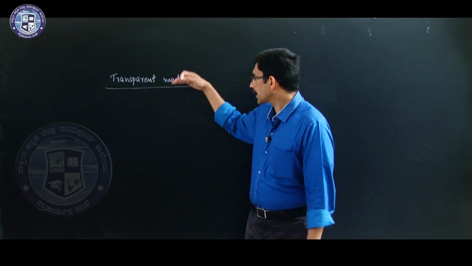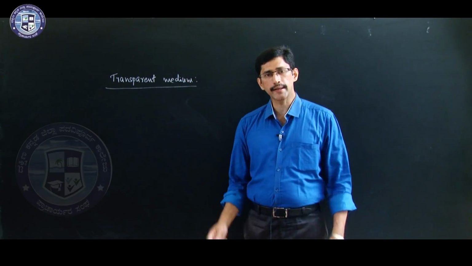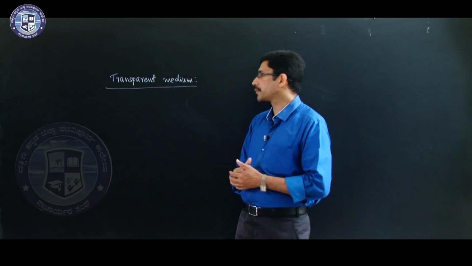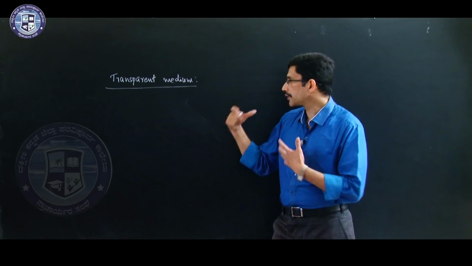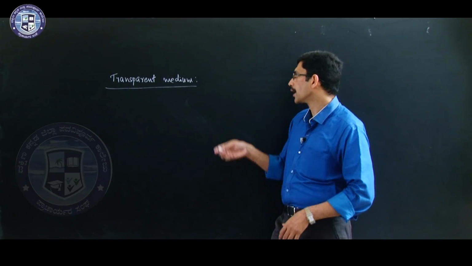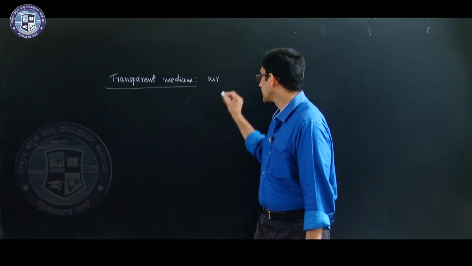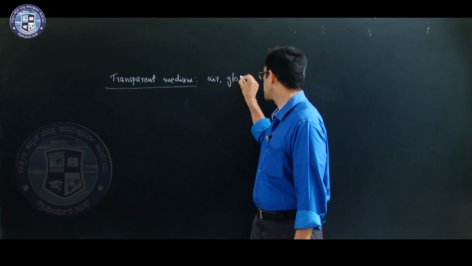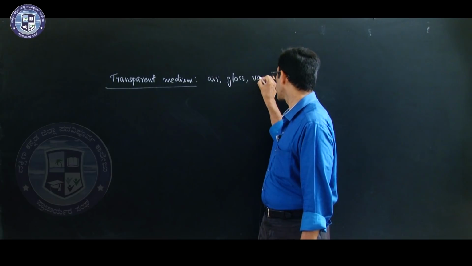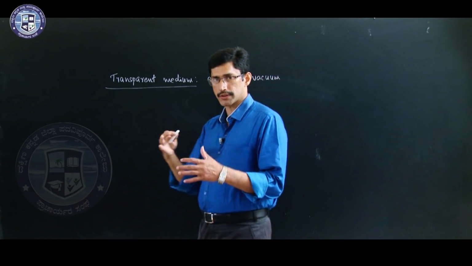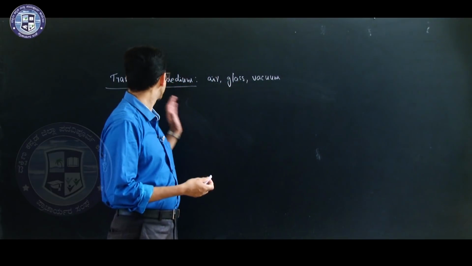Any medium which allows light to pass through it easily is said to be a transparent medium. Examples of transparent media are air, glass, or vacuum. They are all transparent media which allow light to pass through them.